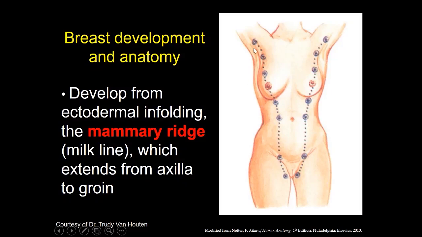However, it's important to be aware of this embryologic development because patients could have breast tissue or supernumerary nipples anywhere along this milk line itself.